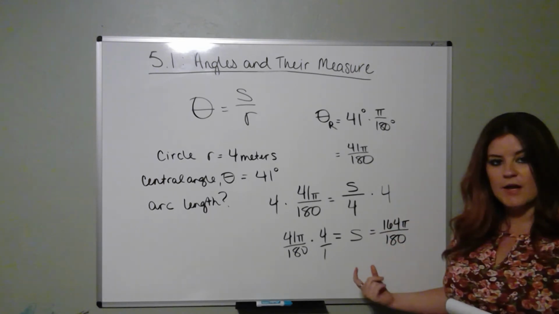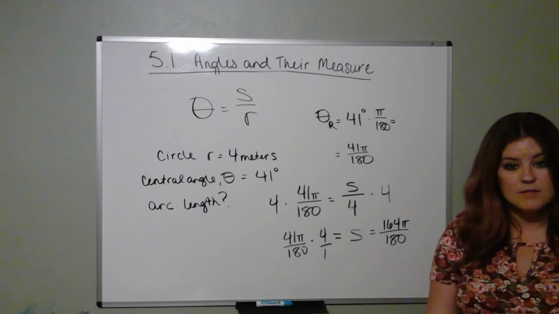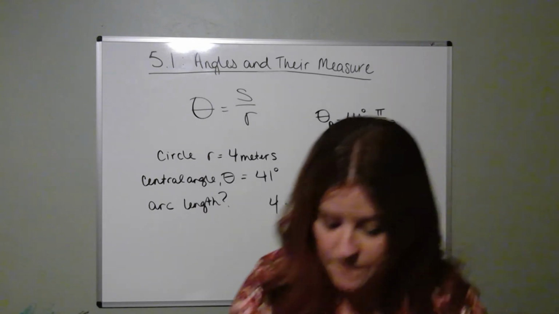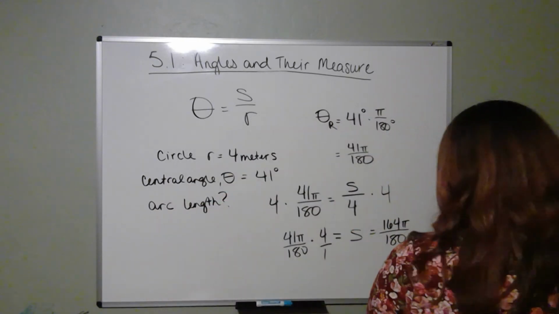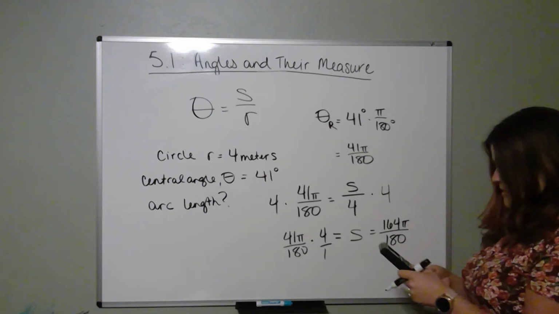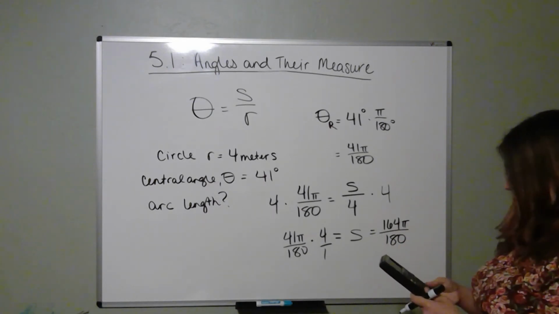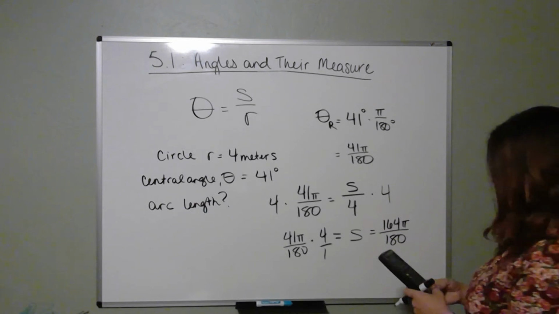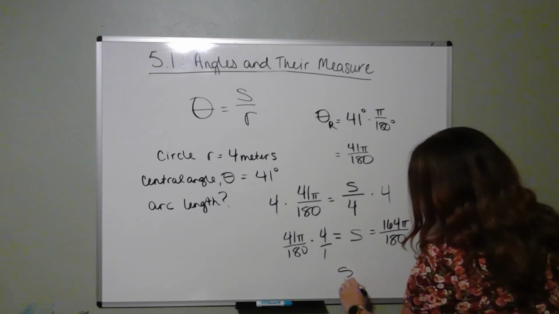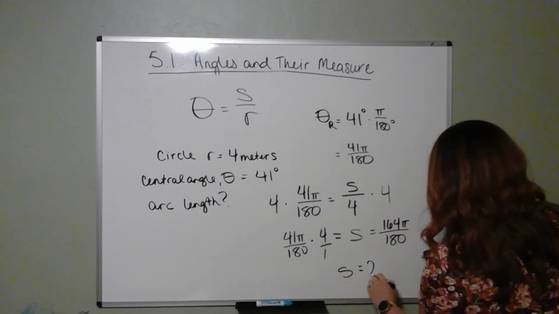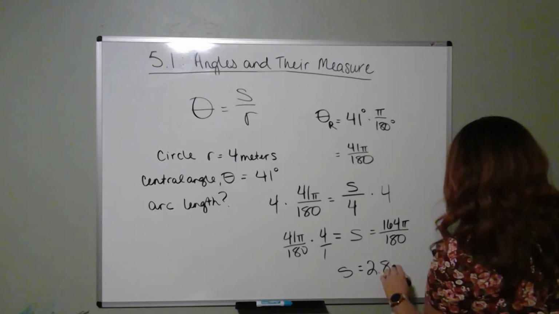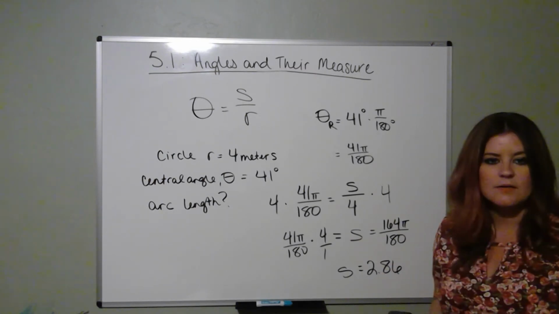Now let's put it in our calculator because we're getting the final answer, and that does have to be rounded. In my calculator, I'm going to do 164 times pi and then divide by 180. And I get my answer for S: 2.86. I think this one said nearest hundredth also.